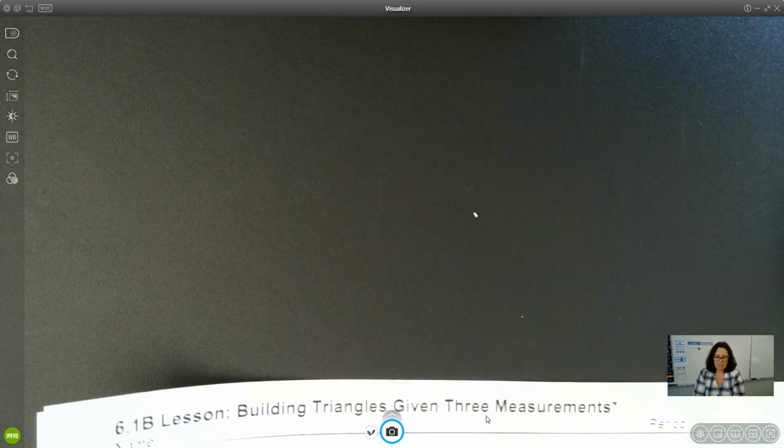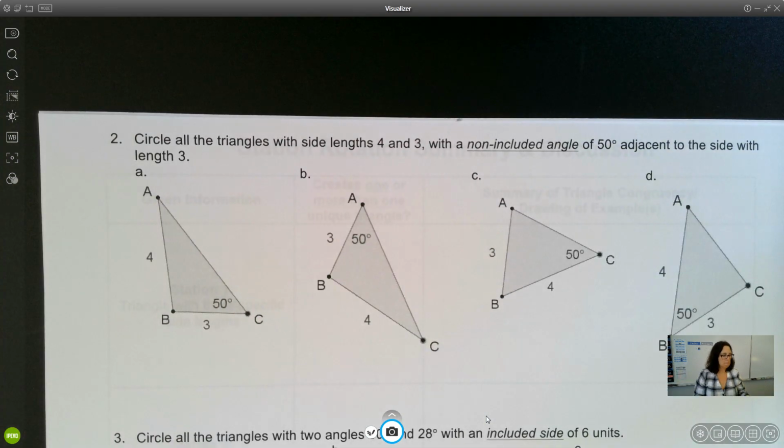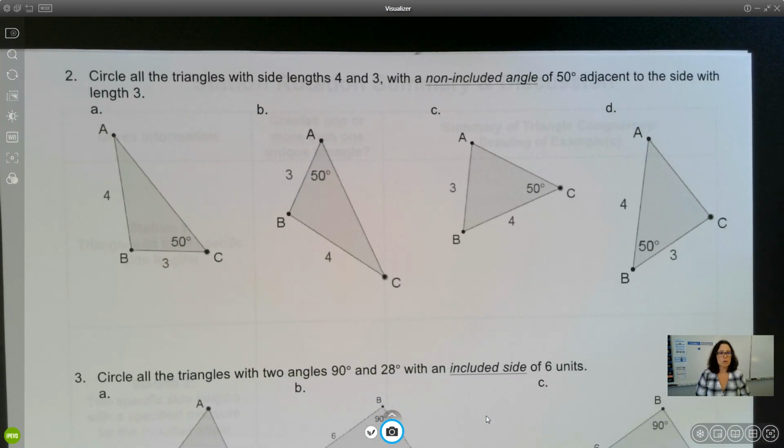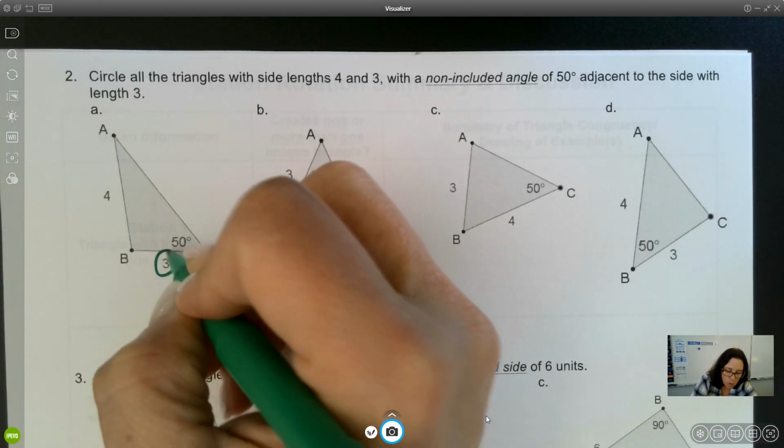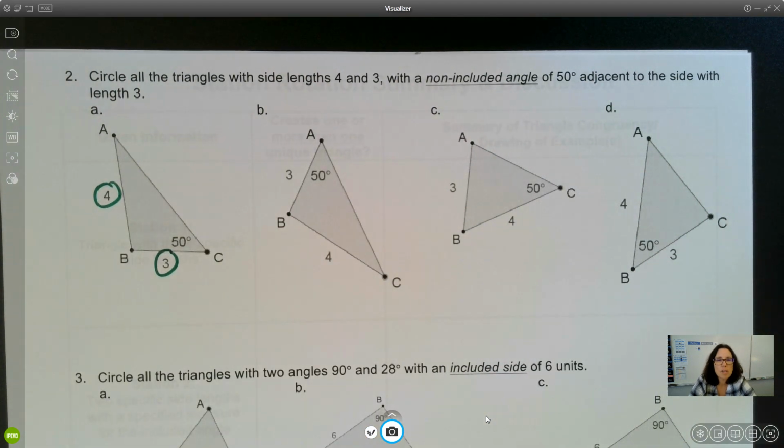All right, number 2. Circle all the triangles with side lengths 4 and 3 with a non-included angle of 50 degrees adjacent to the side with length 3. That's a lot going on. Let's take this a piece at a time. So I've got my 3 and 4 side lengths.